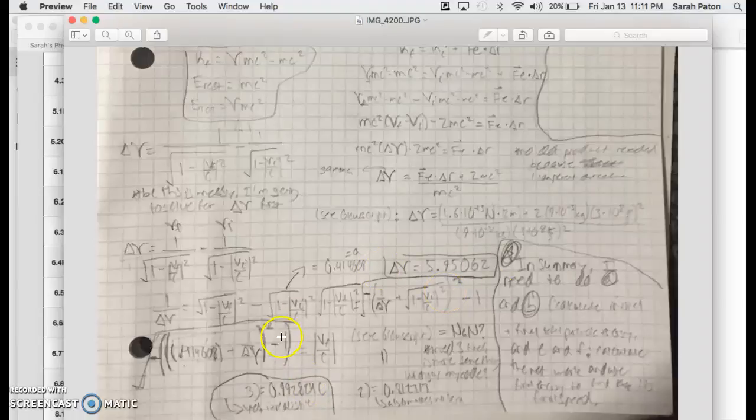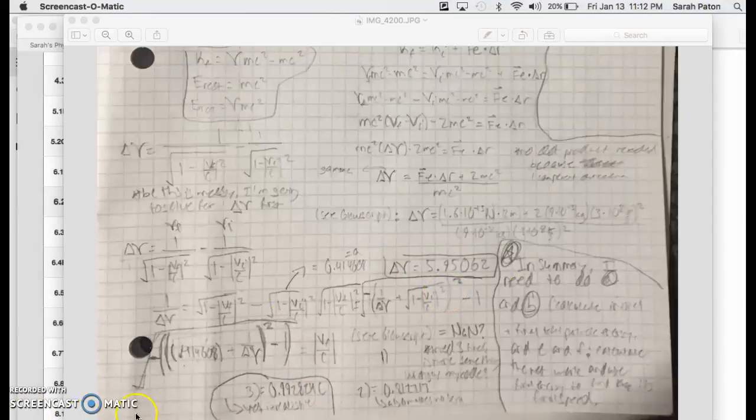In summary, once I got my answer for the final speed of the electron, I realized that I only really needed to do A and B, namely calculate the initial and final total particle energy, then calculate the net work and use the final energy to find the final speed.